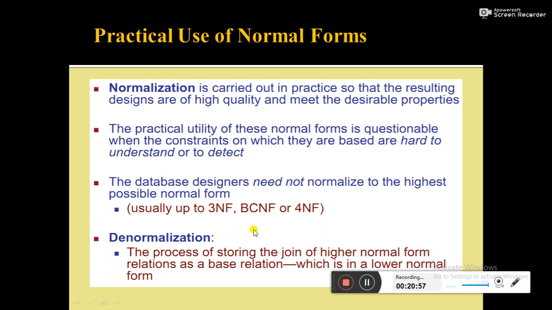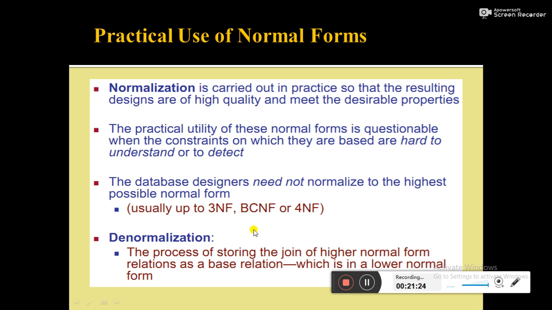And generally in industry, the database designer need not normalize to the highest possible normal form, meaning up to 5NF. In real life, we may normalize the base relation up to 3NF, meaning 1NF, 2NF and 3NF, or up to BCNF.